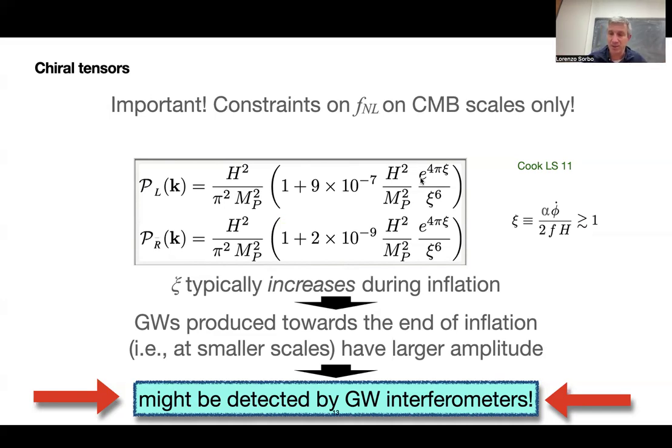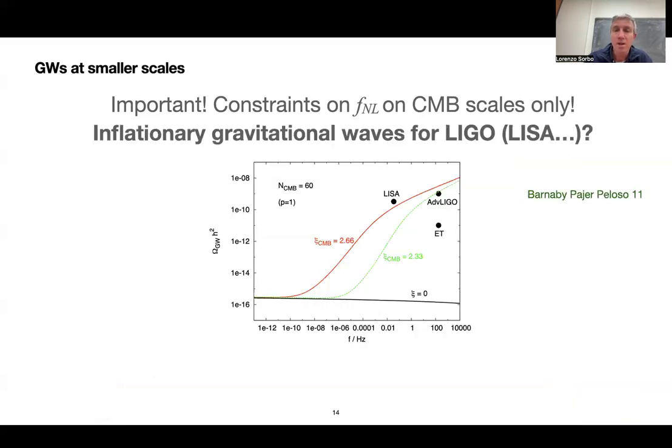So one might have a situation where the constraints from CMB are satisfied, but still one can get large gravitational waves at smaller scales, when gravitational wave interferometers are detecting them. For instance, this is a curve of Ω_GW as a function of frequency. These frequencies correspond to cosmological scales.